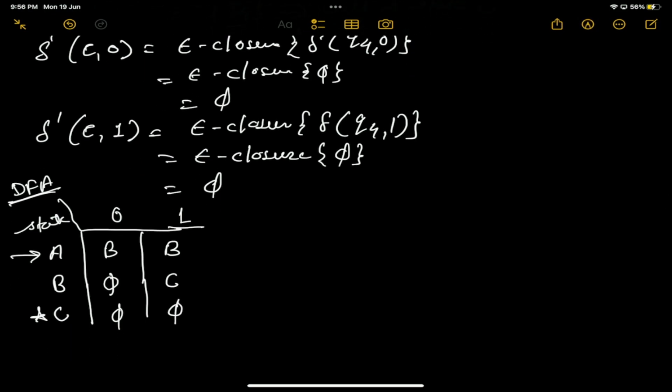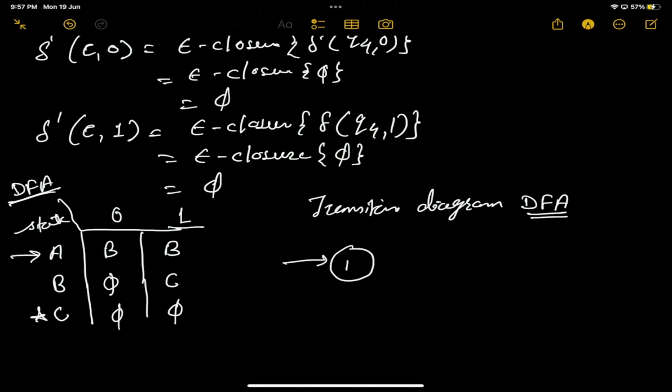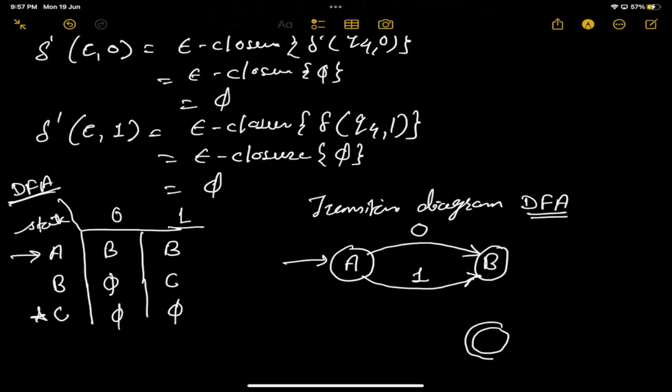Now the transition diagram for this DFA. It has state A and state B. A with input 0 goes to the next state, B, and A with input 1 also goes to B. Now B with input 0 goes to phi, and B with input 1 goes to C. And C is the final state.